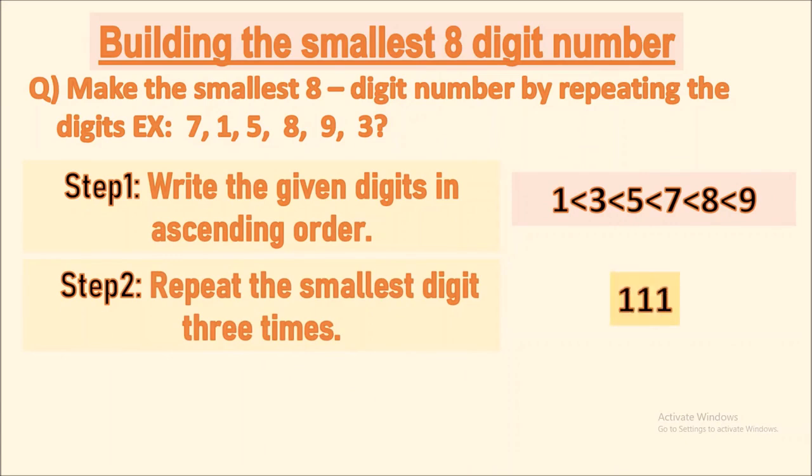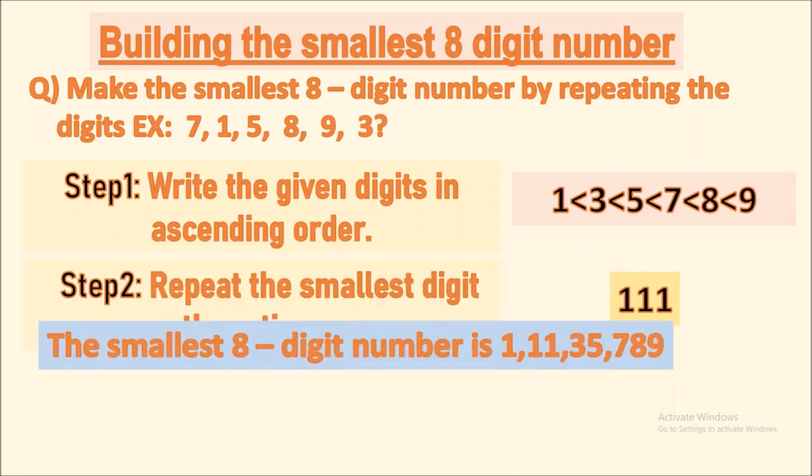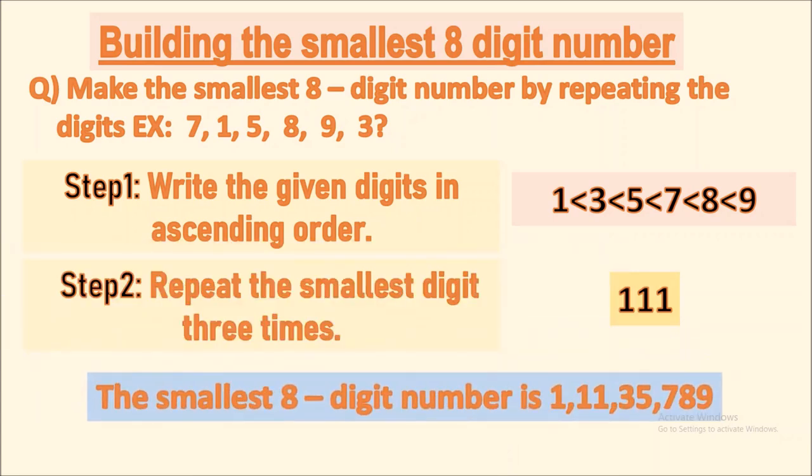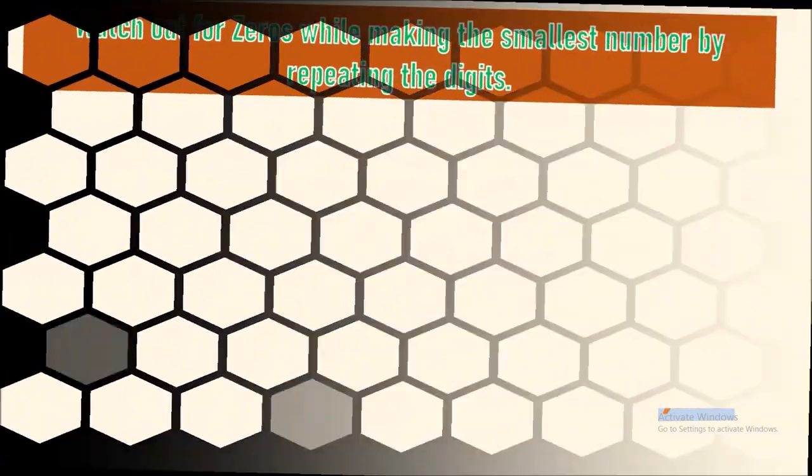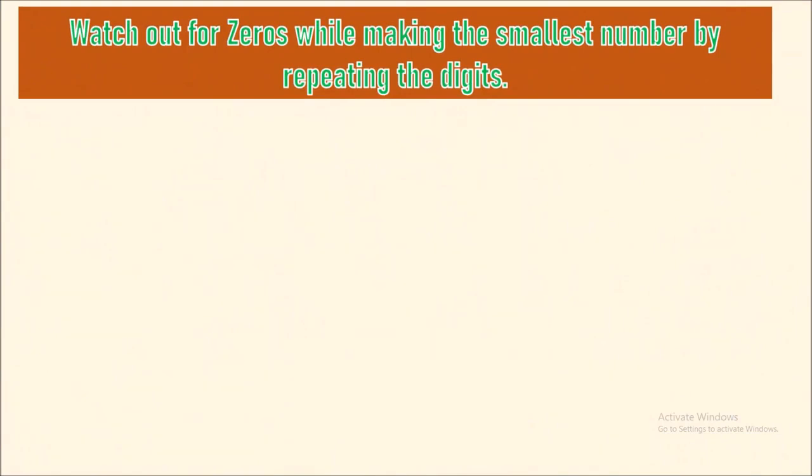Here we need to repeat 1, and then we get the 8-digit number as 1,11,35,789.